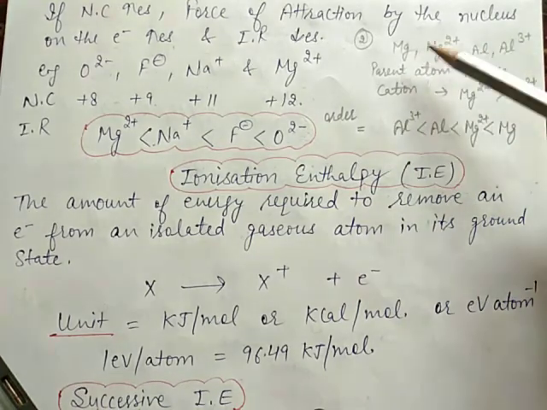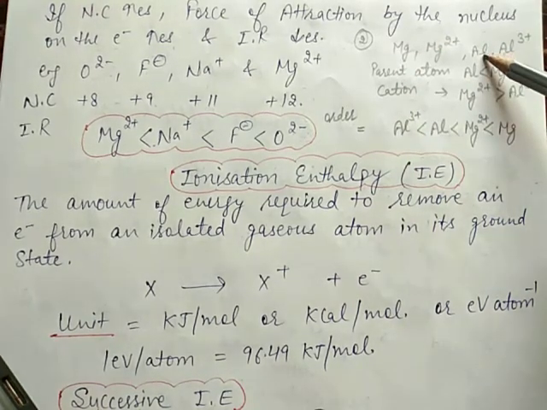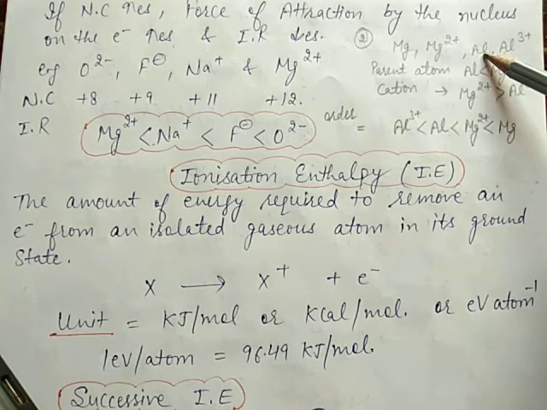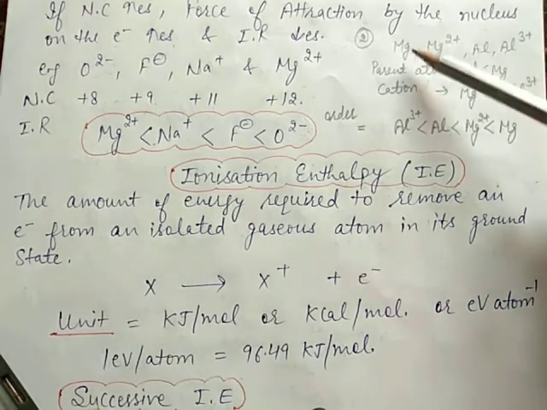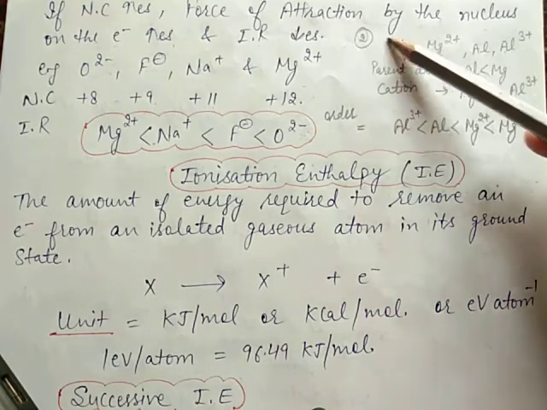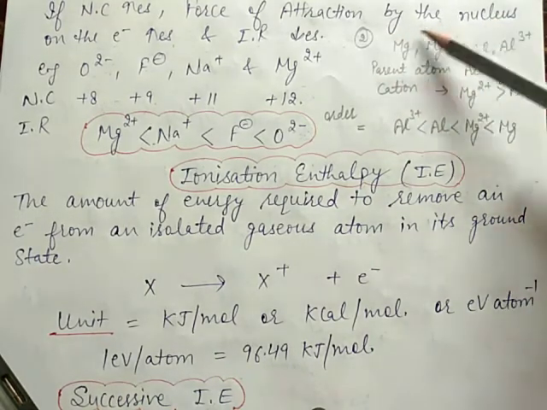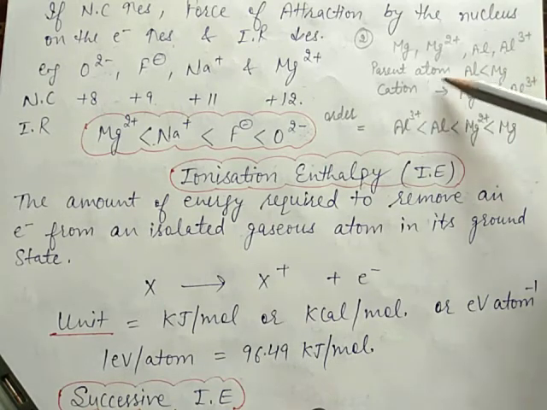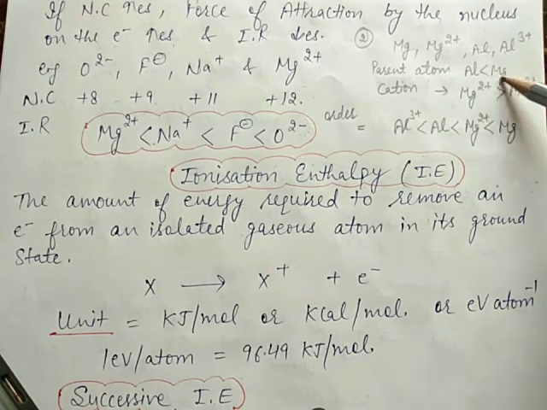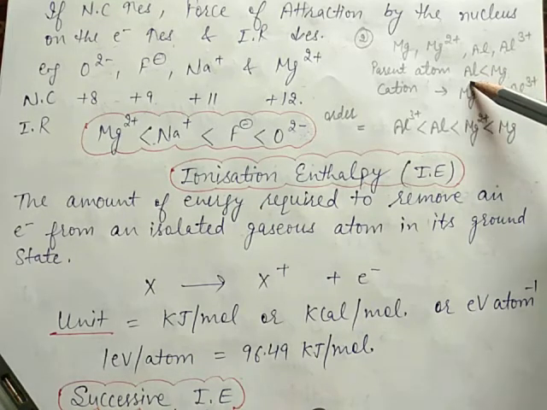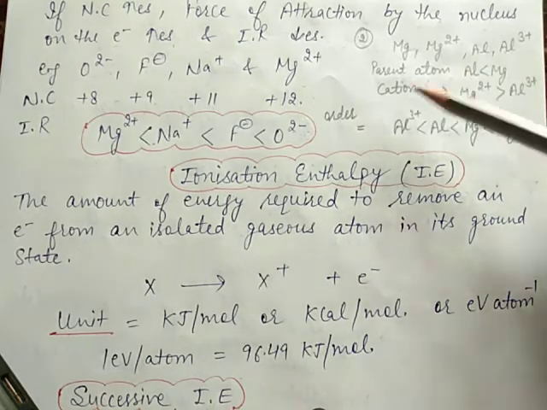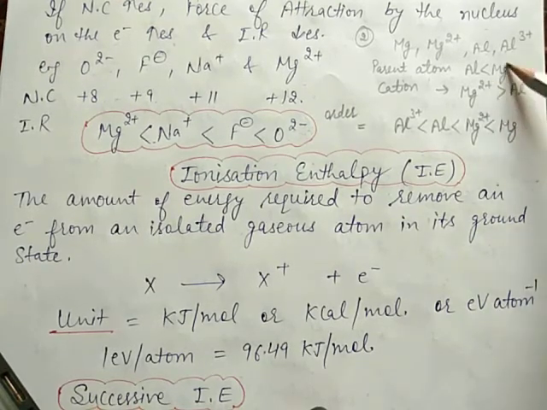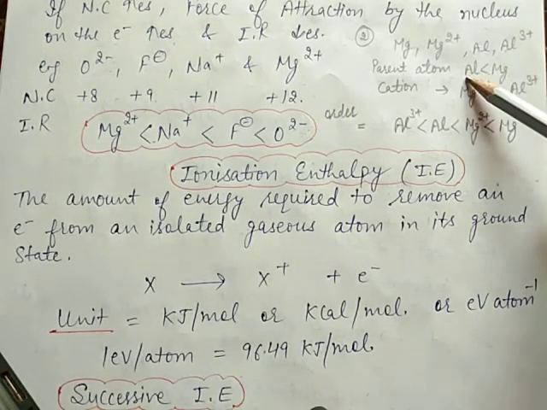Magnesium and aluminium both belong to the same period, the third period, and along a period from left to right, atomic radii decrease. So magnesium is larger as compared to aluminium, because from left to right atomic radii decrease.